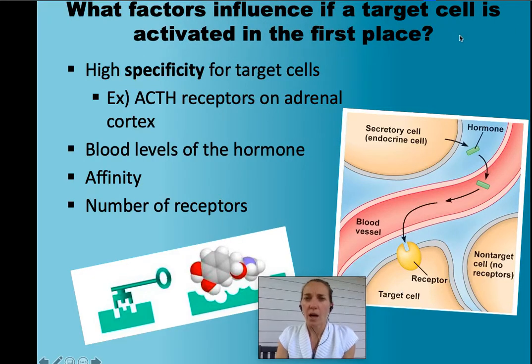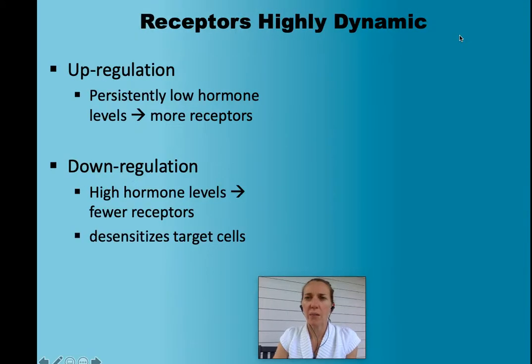And so one of the key points that I want to emphasize here is that the number of receptors is something that is incredibly dynamic. It's constantly changing. And so we can either upregulate the number of receptors or we can downregulate the number of receptors. A great example here occurs with the number of oxytocin receptors that you see in the myometrium of the uterus in the 3rd trimester.